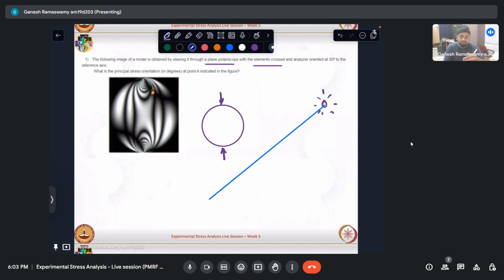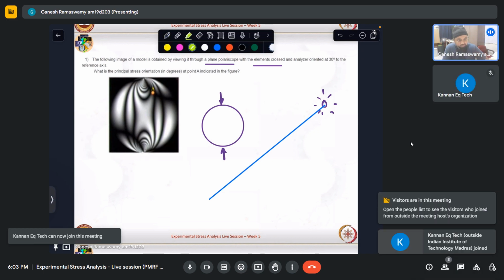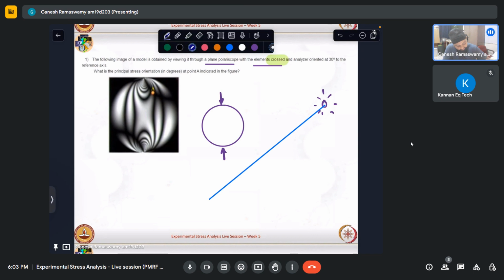And after the model, we will be placing a crossed polarizer because the question says that it is crossed. So initially the conventional plane polariscope arrangement with crossed elements is this.